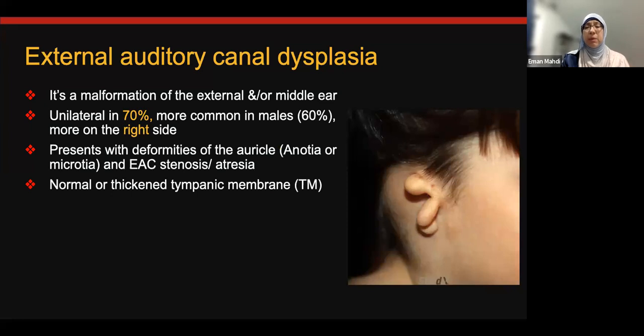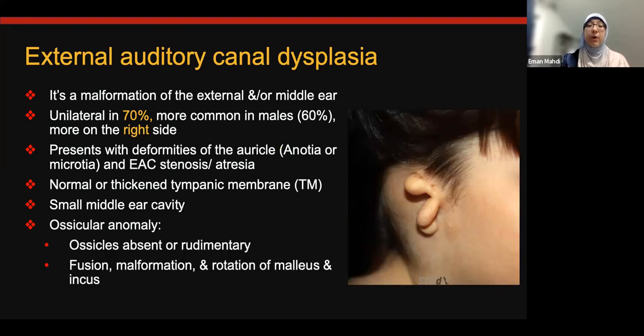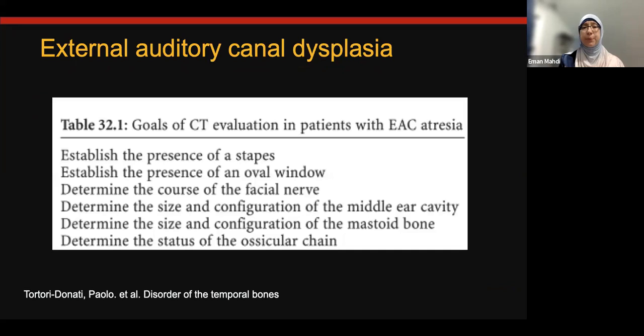The tympanic membrane can look either normal or thickened, and the middle ear cavity either small or deformed, and the same for the ossicles: either absent, fused, malformed or dysplastic. It depends on the severity of the abnormality. We just know that when it's external, the external and middle ear cavity will be affected, and the abnormality can be variable.